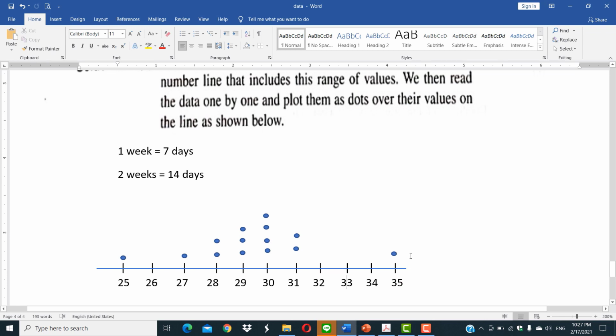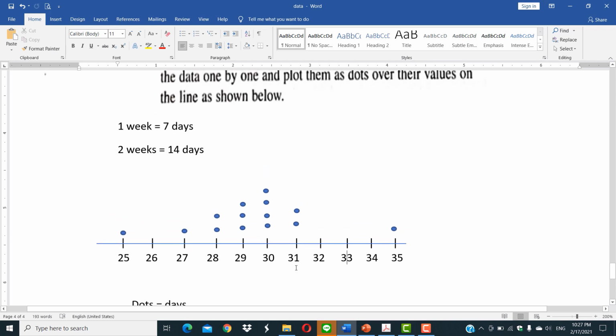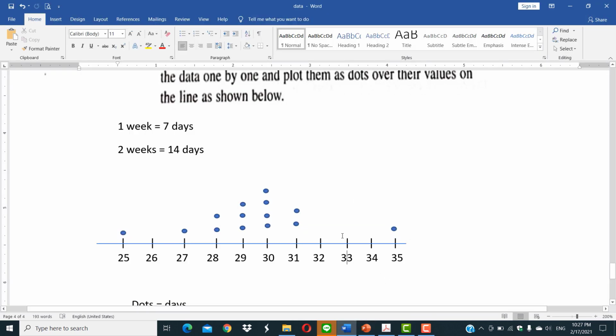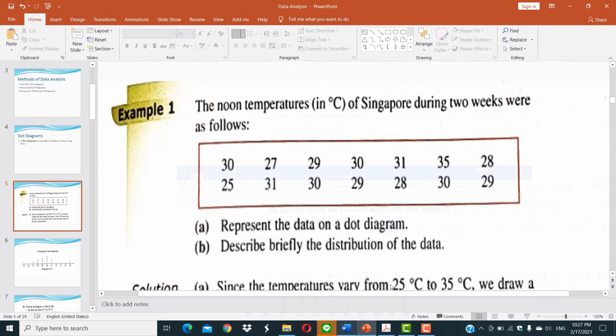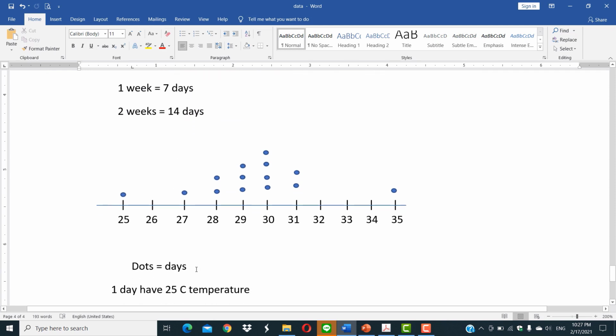So this is called a dot plot or dot diagram. This one is the dot plot of this data. Here dots represent days.